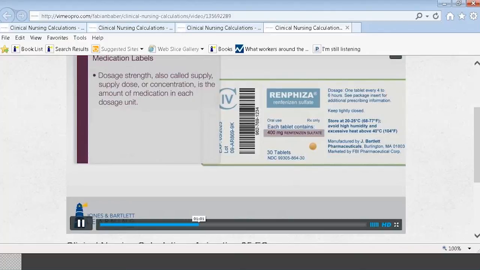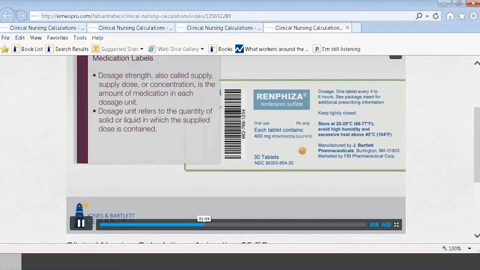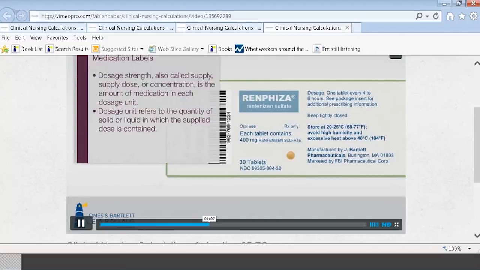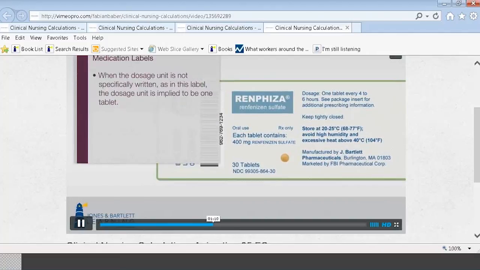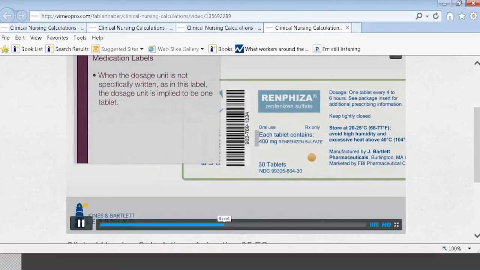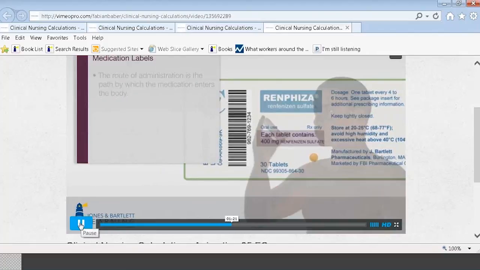Dosage unit refers to the quantity of solid or liquid in which the supply dose is contained. When the dosage unit is not specifically written, as in this label, the dosage unit is implied to be 1 tablet. The dosage strength of this medication is 400 milligrams per tablet. The route of administration is the path by which the medication enters the body.